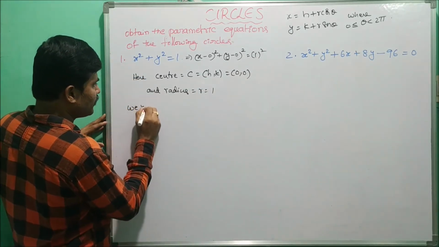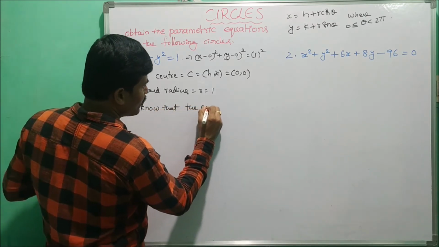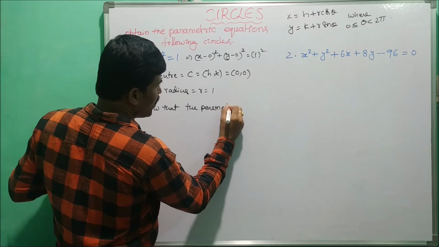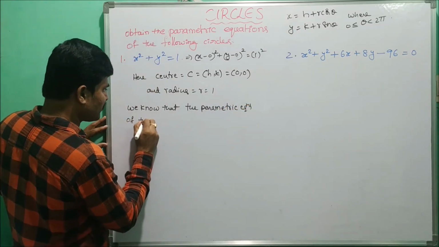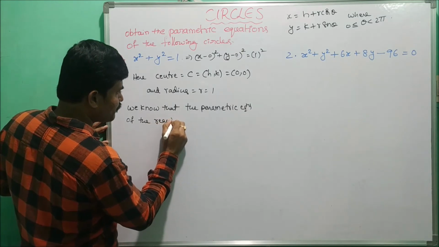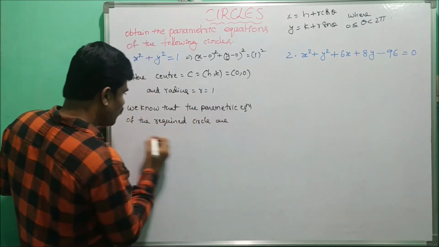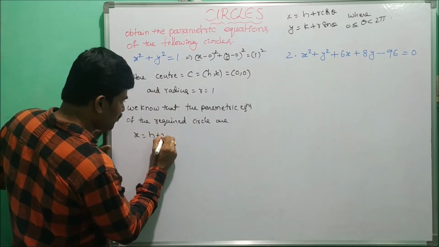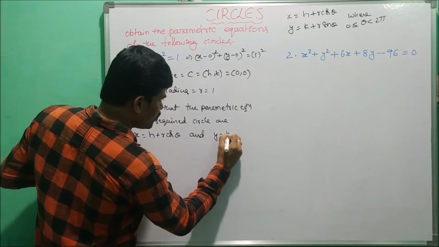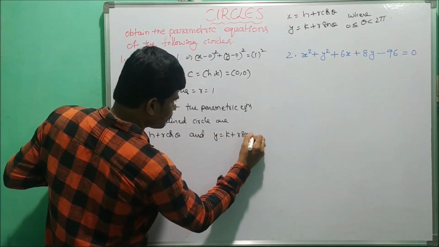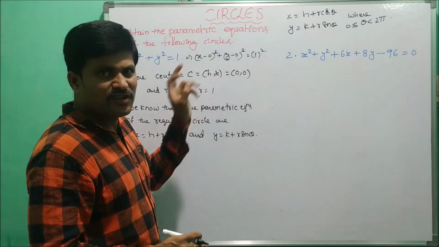We know the parametric equations of the required circle are x equal to h plus r cos theta and y equal to k plus r sin theta. Here we observe the center is 0, 0.